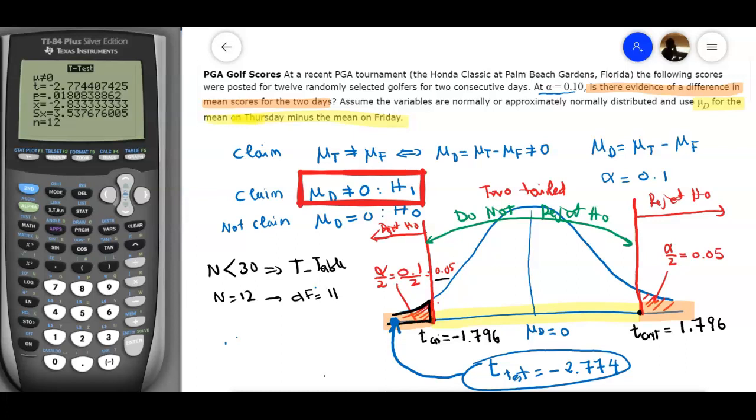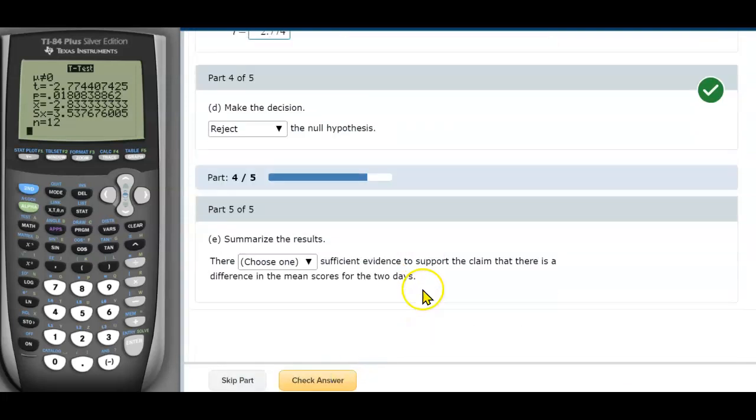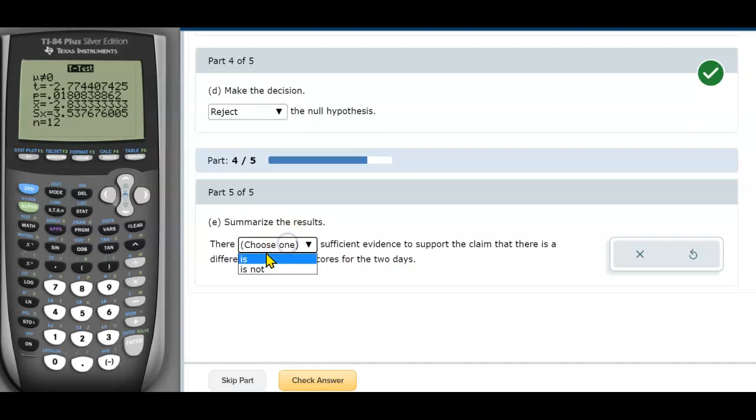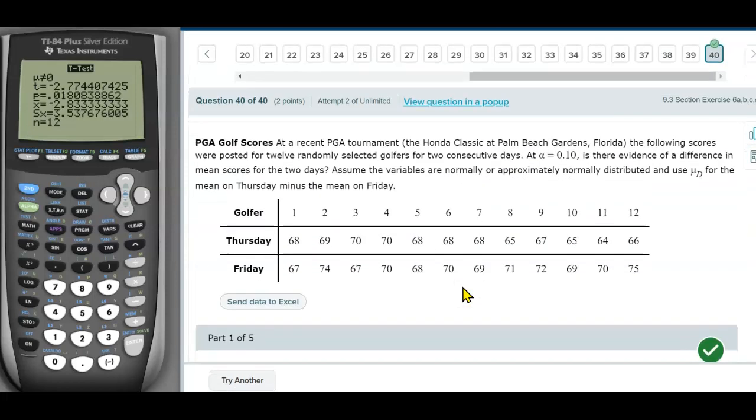All right, and if you do reject H0, you're supporting H1, so you have enough evidence to support H1. Okay. All right, so here we're gonna do reject, check, and there is a sufficient evidence to support the claim, and check. Okay, that's all. I hope this will help, guys, right?